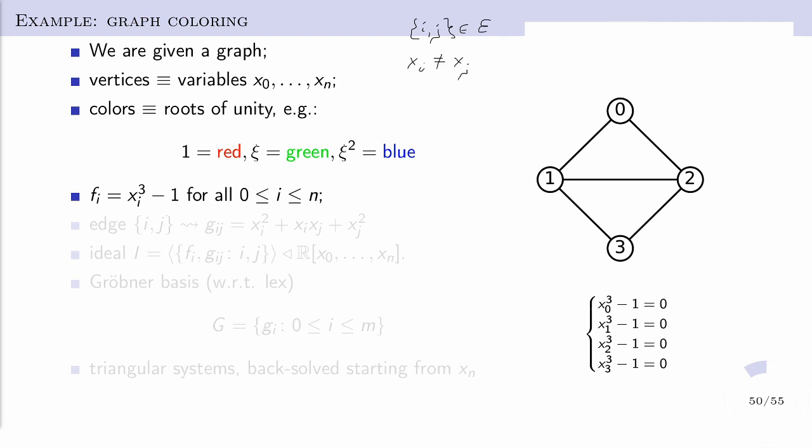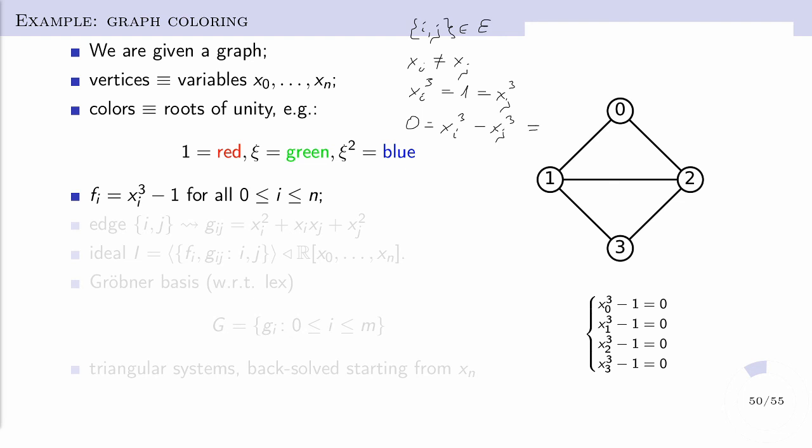Unfortunately, the Grobner basis works with polynomial equations, not polynomial inequalities. So we must change this inequality to an equation. But fortunately, it's quite easy, because we know that xi cube is 1 and so is xj cube. So it follows that the difference xi cube minus xj cube must be 0.